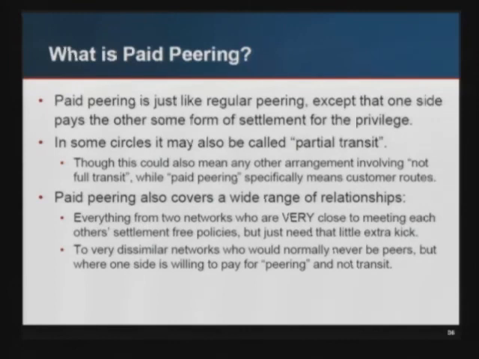It could be paying a nominal price per meg, all the way down to two very dissimilar networks who would never peer with each other in a normal situation, where one side says, hey, I'm not willing to pay you for transit, but just like you sell transit as a product, I would buy peering from you as a product. I'll pay you a price per meg and you deliver me the service, and it's just not the full routing table.